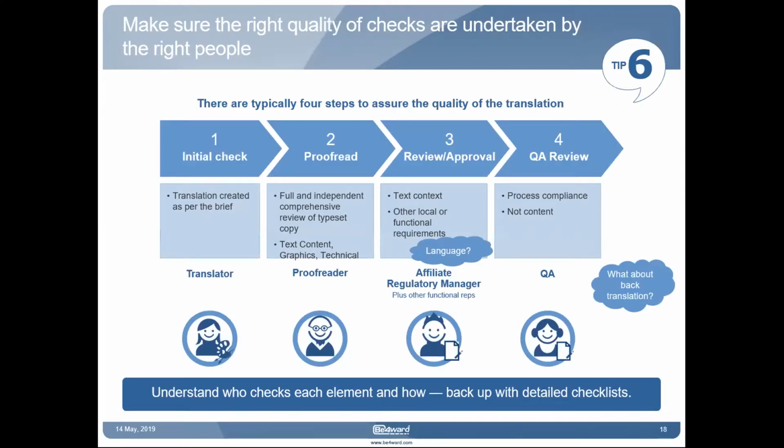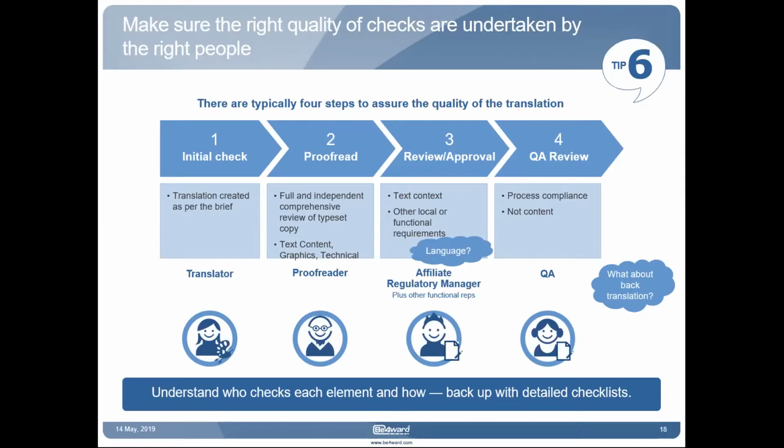Building on from that piece around people having the right skills and competency is also making sure that you're doing the right checks with the right people around your translation. So what we would typically see is a 4-step process. There's an initial check by your translator or your translation provider.